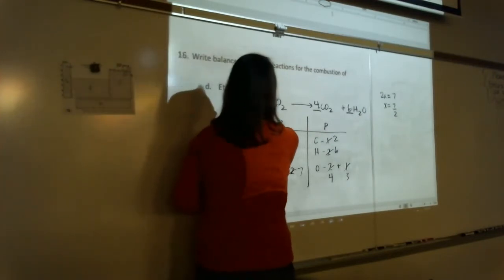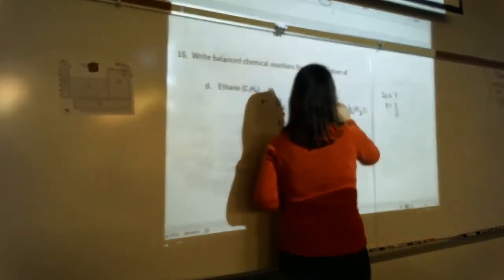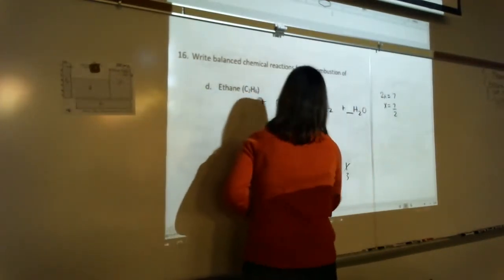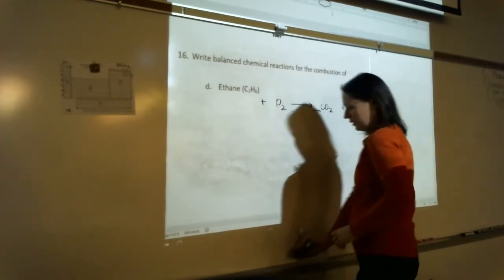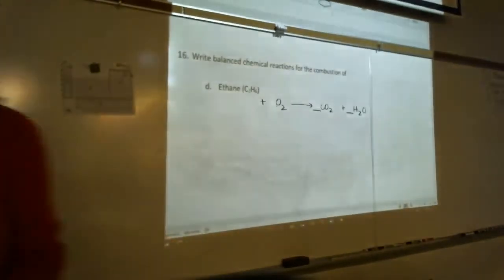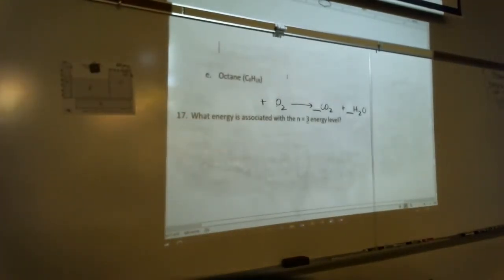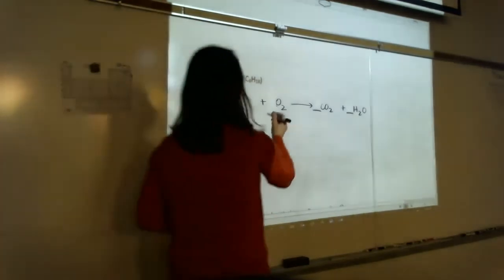All right. Now the nice thing about combustion is that the next one's a hydrocarbon too. So we're going to have the same products. We're just combusting a different hydrocarbon. I think it's octane, isn't it? All right, so it's different.